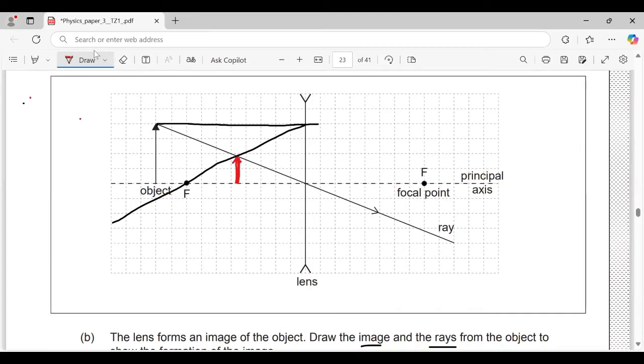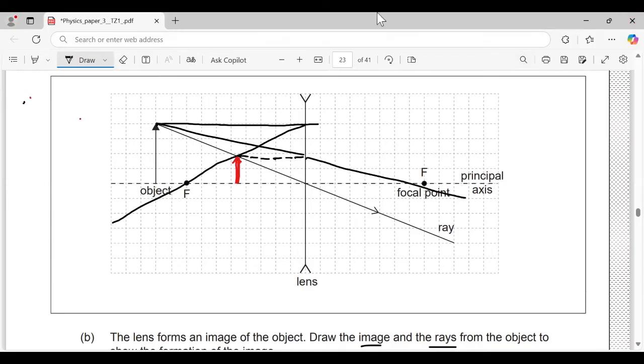Okay, that's the image. Next, we are going to find another ray. Okay, and then after that, from the object, this is a straight line actually, so you need a ruler to create this straight line.